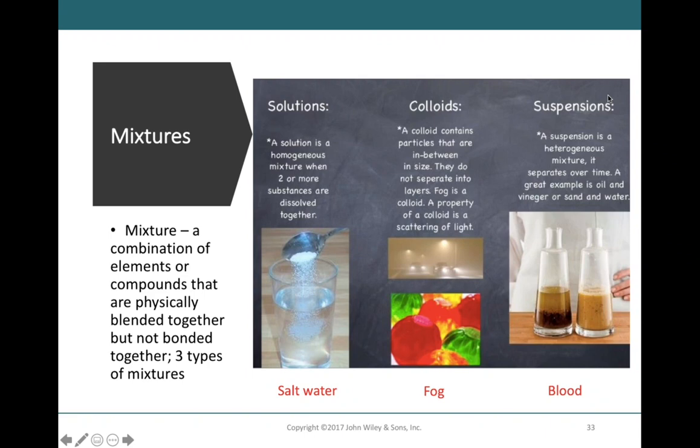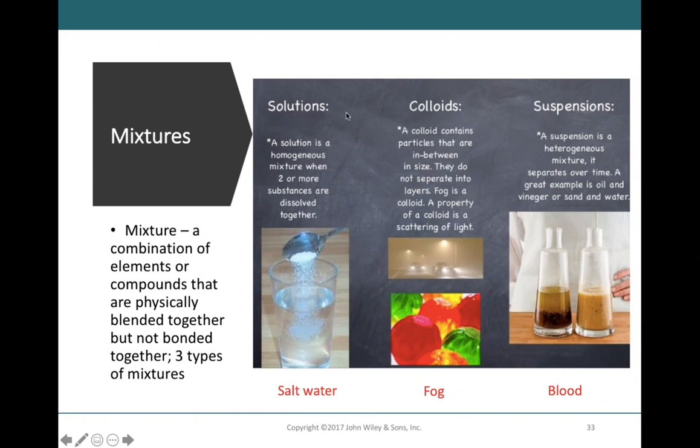So sand and water is a great example of a suspension. You can mix up sand and water if you put that in a bottle and you mix that up. For a very short time, the sand and the water are going to be all mixed up, and it's going to look like it might be rather the same throughout. However, after just a few seconds, the sand is going to settle on the bottom. So that is an example of a suspension.